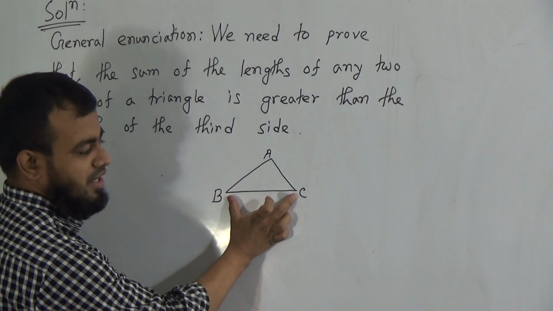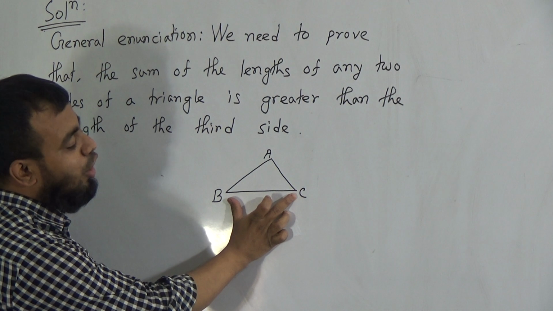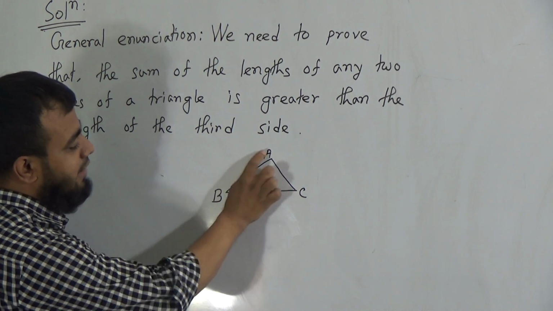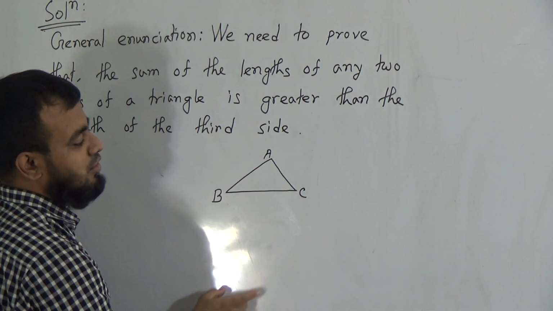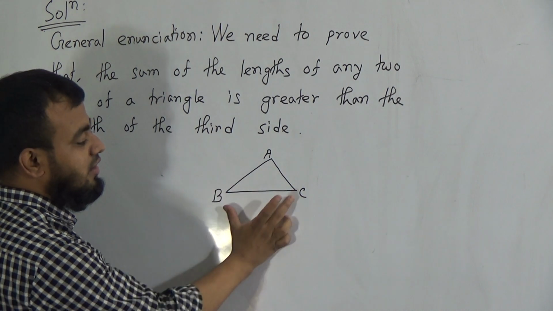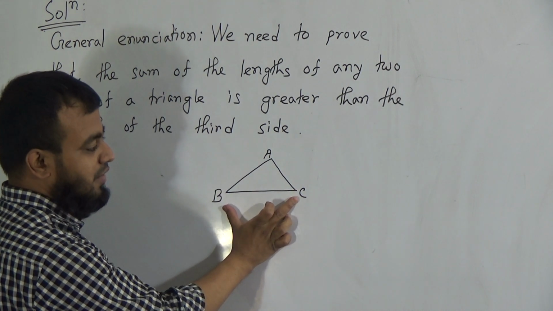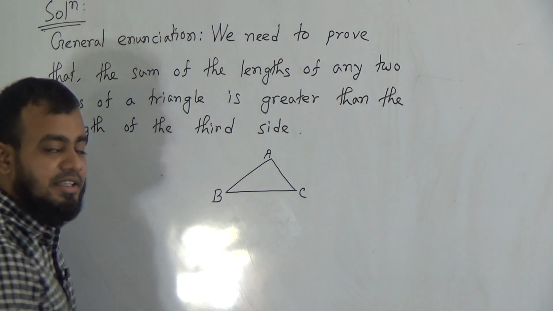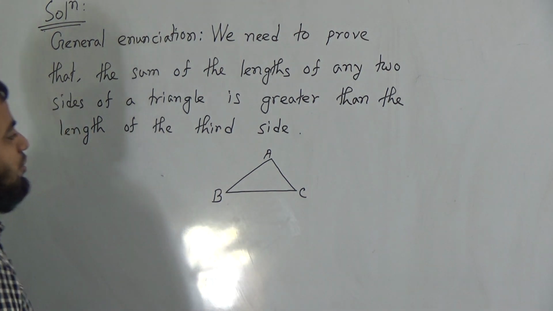Suppose BC is the biggest side, then the other two sides, that means AB plus AC, is greater than the side BC. We need to prove that one. That means any two sides' sum is greater than the third side.